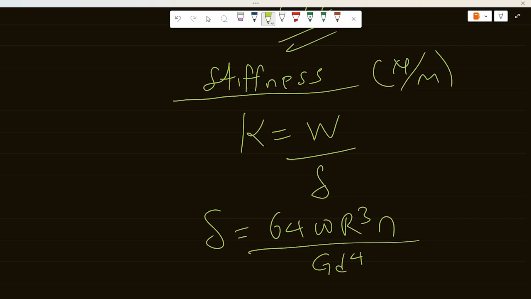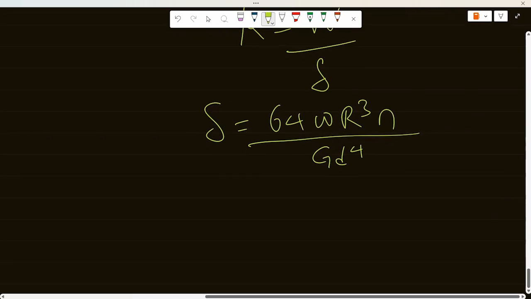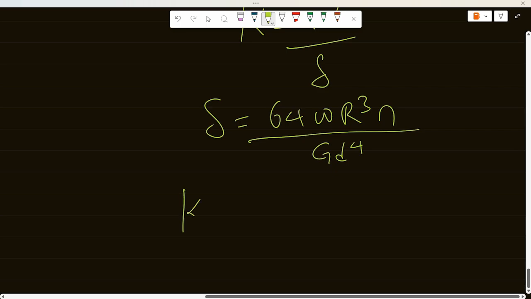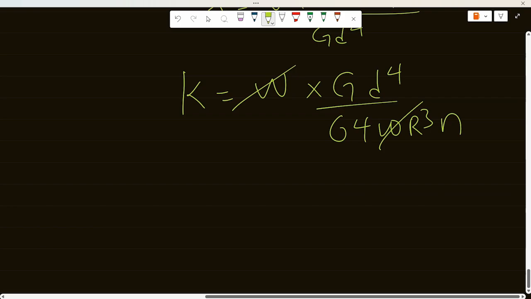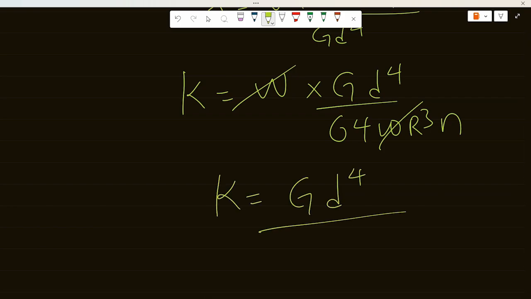Yes, I remembered. So K is equal to W over deflection, which is G D4 over 64 W R cubed n. So when you do the maths, W cancels W, and the stiffness of the spring leaves us with G D4 over 64 R cubed n.